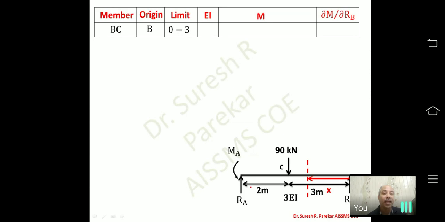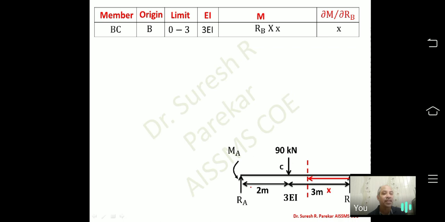But here my moment equation is going to change from B to C and then C to A, and therefore we have to consider the two separately. Here we have BC with origin B, and limit 0 to 3. We have taken B to C, not B to A. So I have 0 to 3, then 3EI. M will be RB into x. We do not have any load between B and C, so we have RB into x, and then ∂M/∂RB is x.